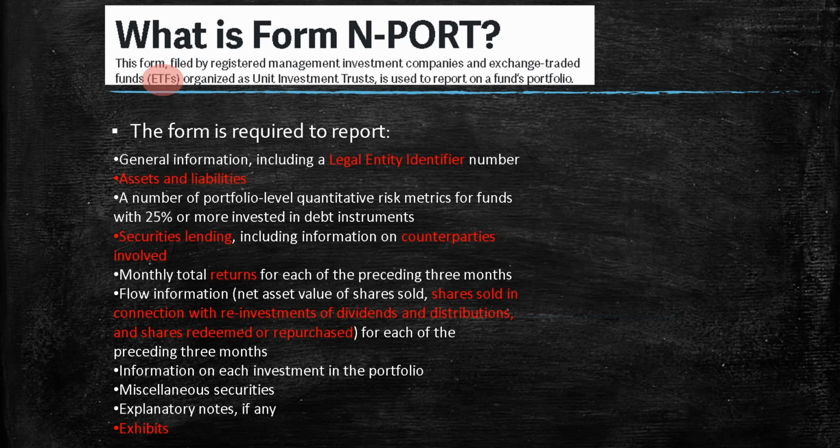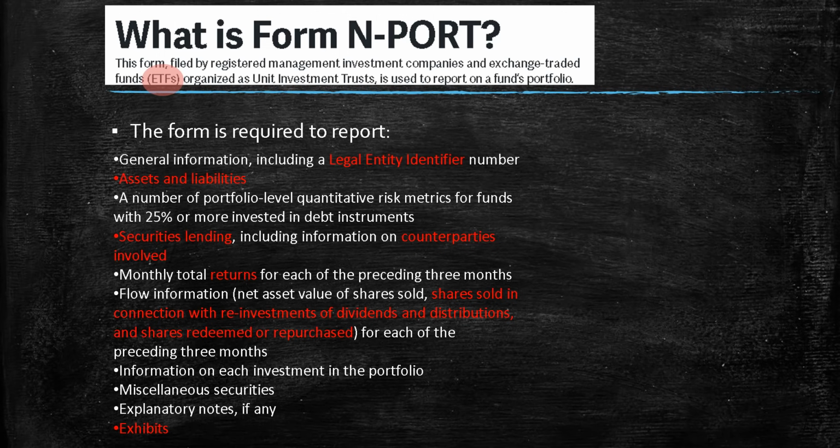NPORTs are used by registered management investment companies and ETFs, and they're used in a report on a fund's portfolio. It's required every 3 months, and it includes valuable information about debts and assets as far as how these ETFs are comprised.